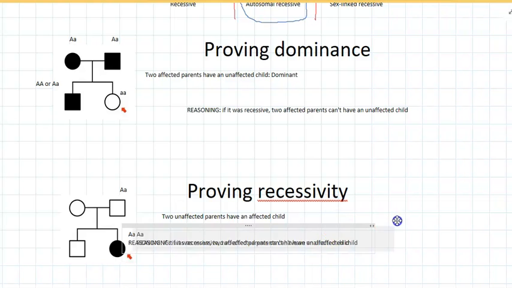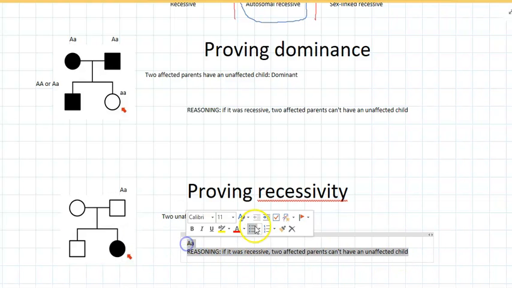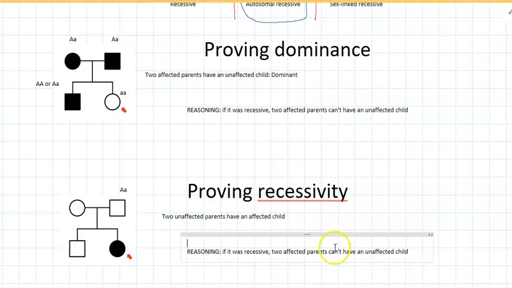So in this case, our reasoning is if it was dominant, two unaffected parents can't possibly have an affected child because none of them have that dominant allele causing the disease or the trait.